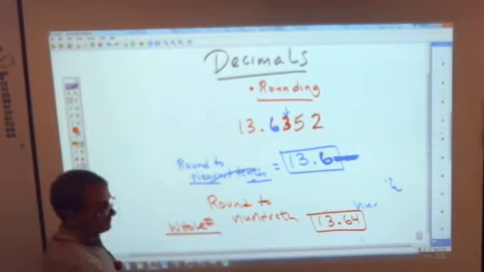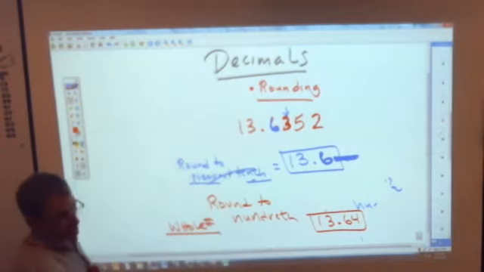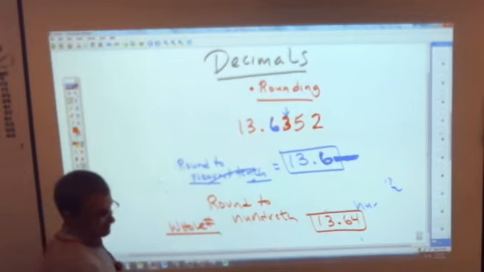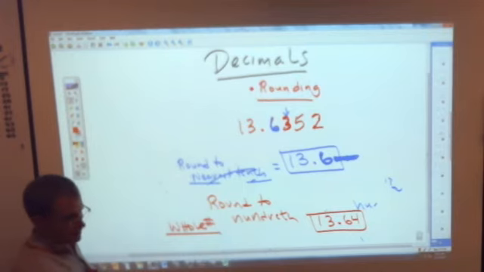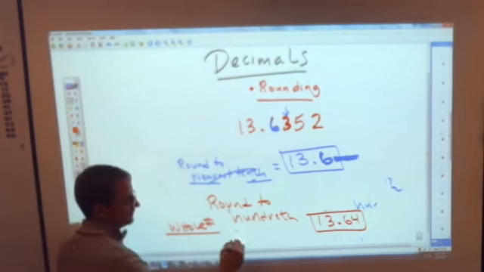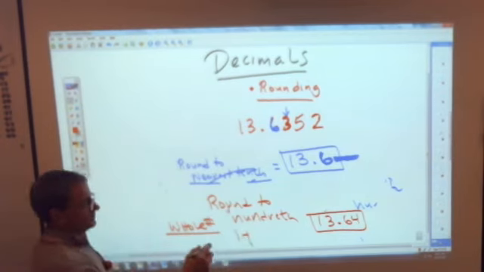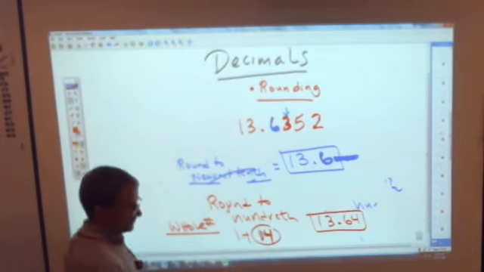You always look at the digit next to the whole number, which is a 6. No, the whole number is 13. The 13 either stays 13 or becomes 14. Right, it goes to 14, and you don't put a decimal after it. It stays 14. There is no decimal after it, because that's the number.